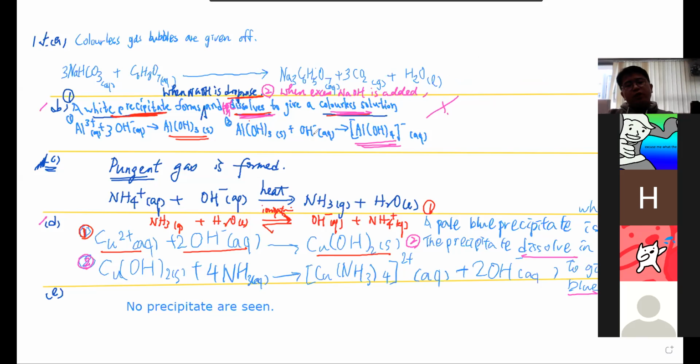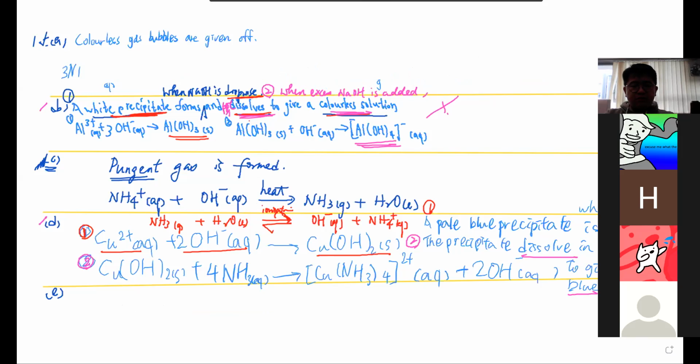So when you present this answer, the format of answering this is similar to D part. Can you get a point? It's very similar to D part, but the observation is a little bit different. First of all, for number one, we have got the two-stage observation. Number one, we have got the white PPT.